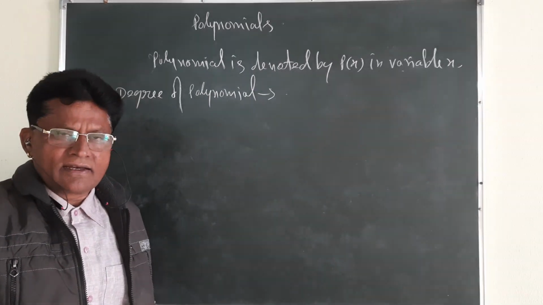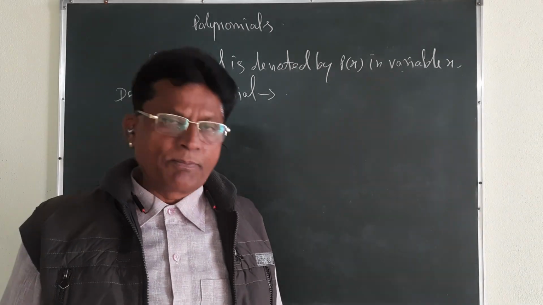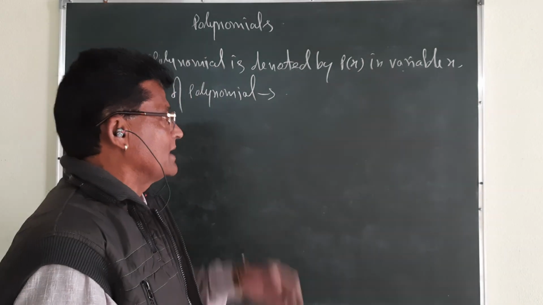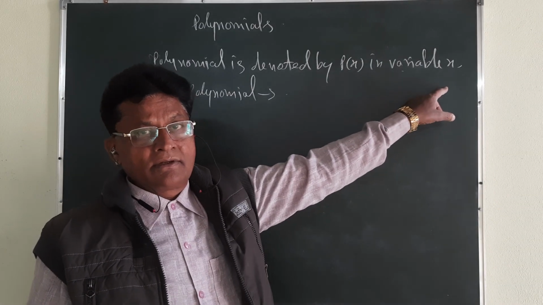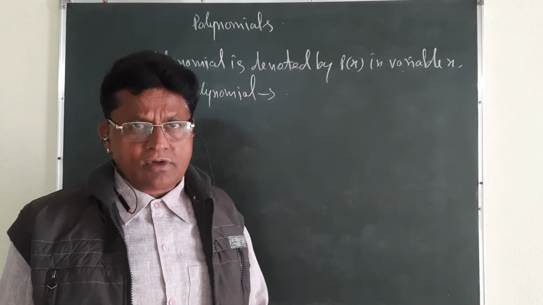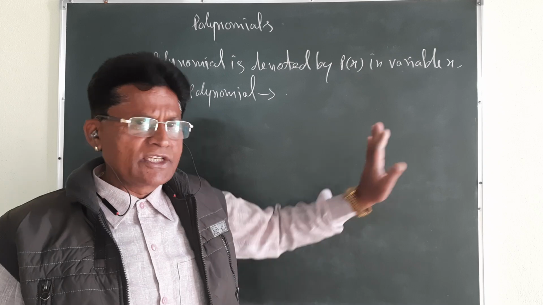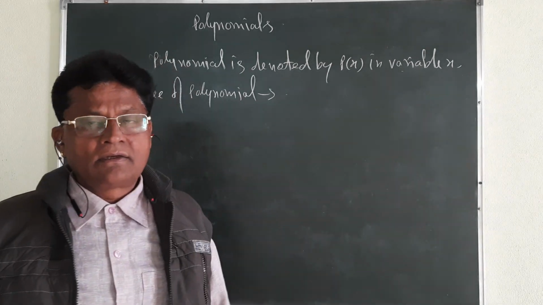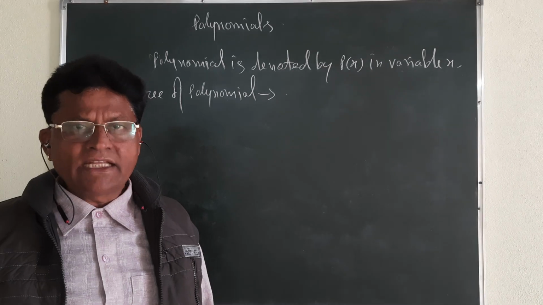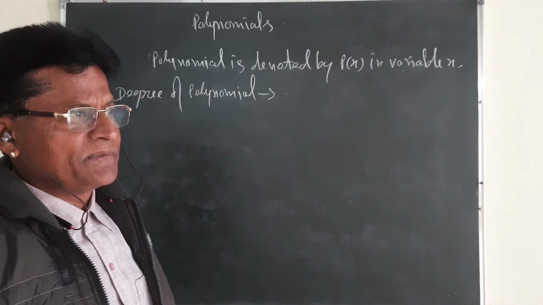Automatically you will understand the definition of the degree of the polynomial. You will see the power of the variable, x, that is the variable. There may be variable y also, there may be z, s, t, whatever it may be, but that should be given in the polynomial. That is why I am going to take the degree of the polynomial.